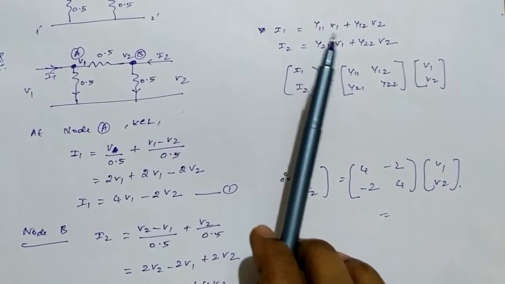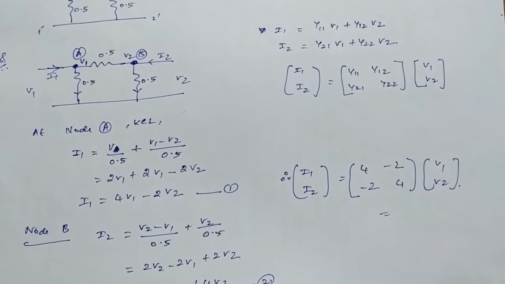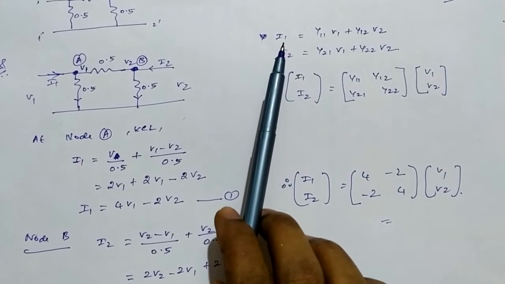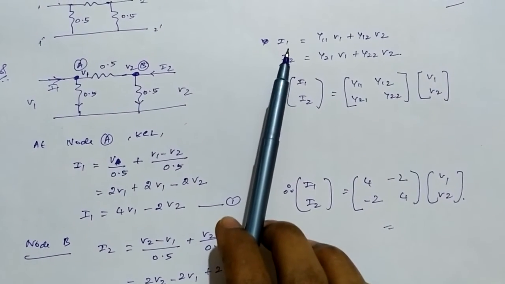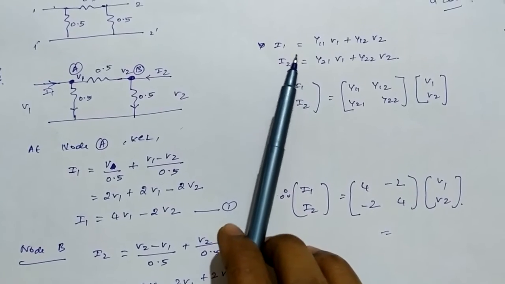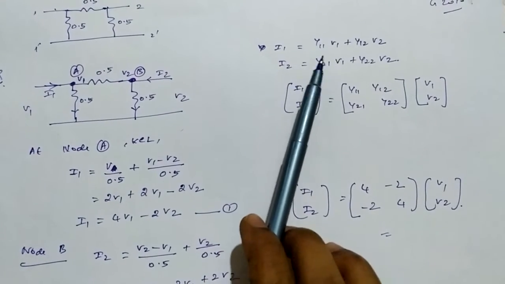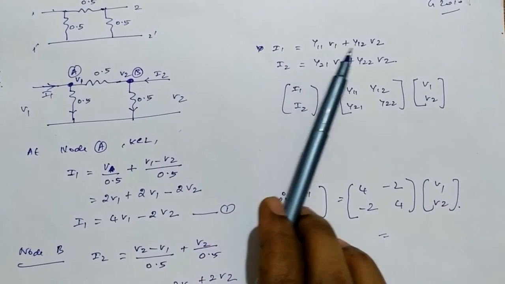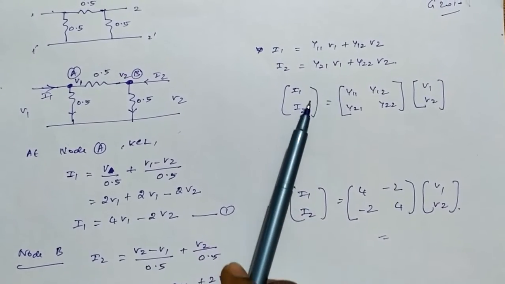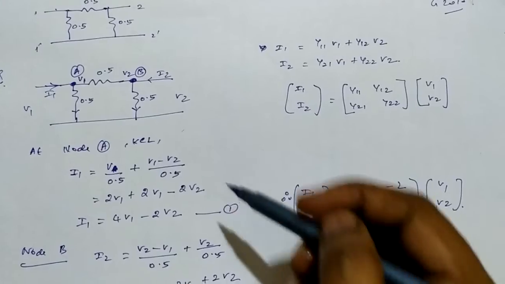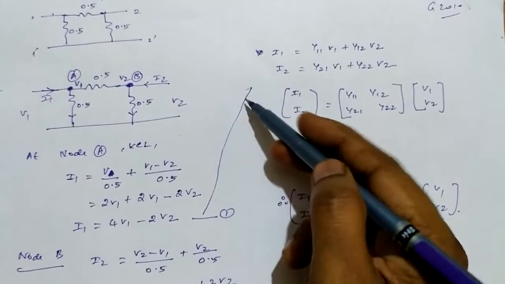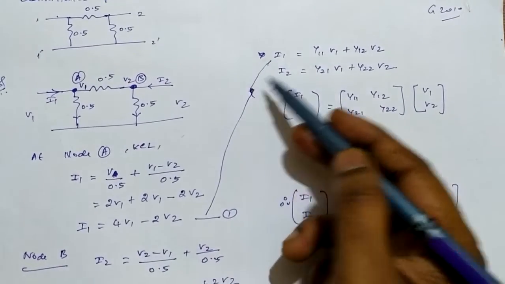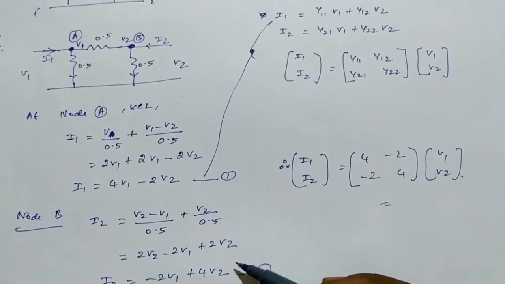Again, we know the standard format of the admittance matrix, which is the short circuit admittance. The matrix is I1, I2 equal to Y11, Y12 and so on. Now compare this I1 with this I1, and again I2 with this I2.